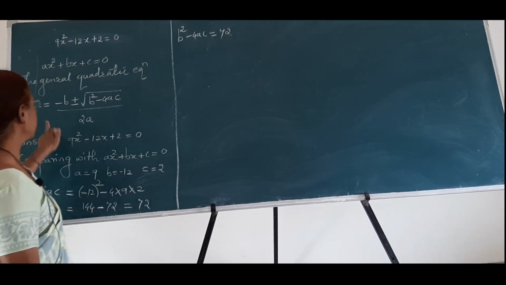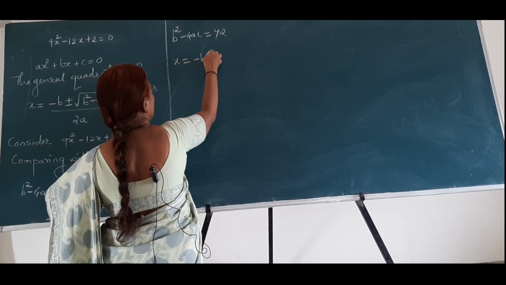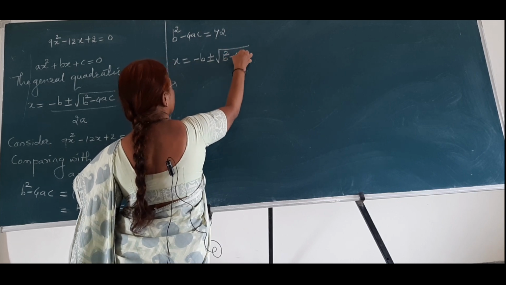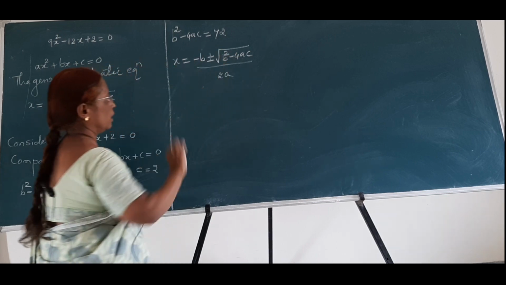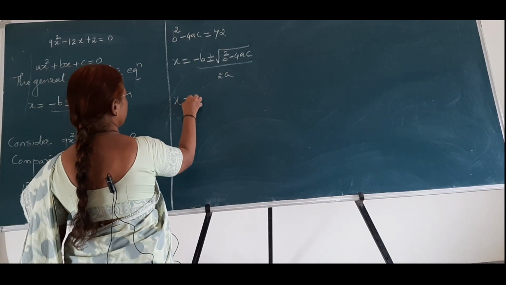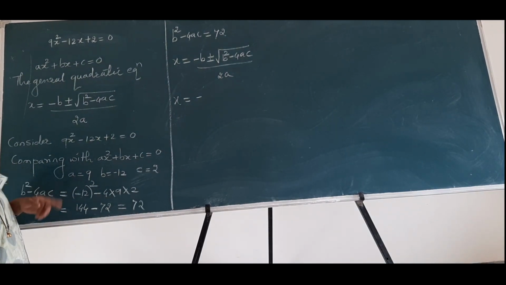Now consider this equation, x is equal to, write once again, minus b plus or minus square root of b square minus 4ac upon twice of a. Now we have to substitute all the values. So x will be equal to minus, as I told you, b is always in brackets.